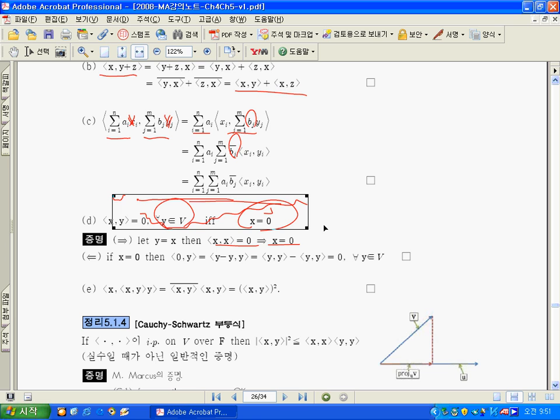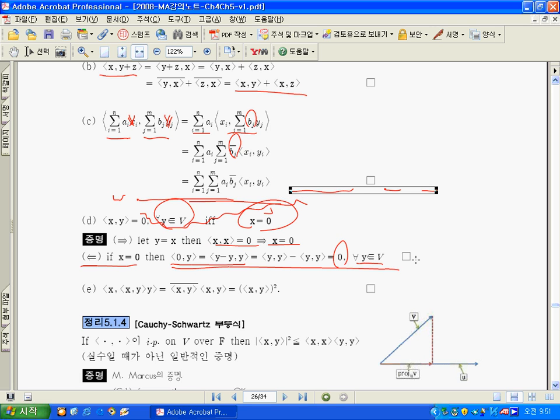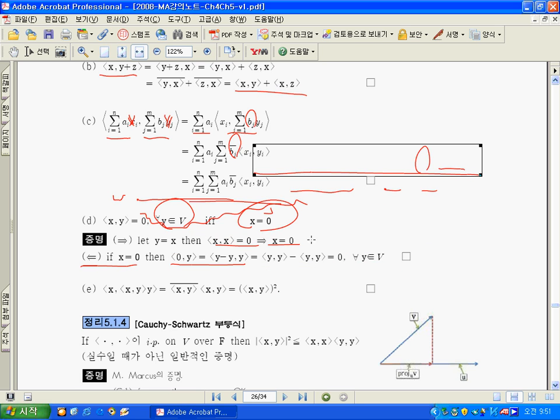That gives us x equal to 0 because of the positivity property. The other direction: if x is equal to 0, then this has to be 0. This can be written in this way because of the distributive law, and these two are the same, so we should have a 0 vector. And this works for all y's. So we have the left-hand side.